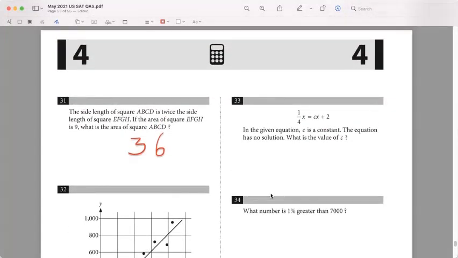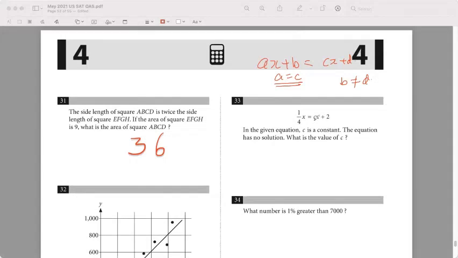33. In the given equation, C is a constant. The equation has no solution. What is the value of C? When I write the equation as ax plus b equals cx plus d, if a and c are equal, that is the coefficients of x are equal, but b and d are not equal, the constant terms are not equal, then the equation does not have a solution, right?